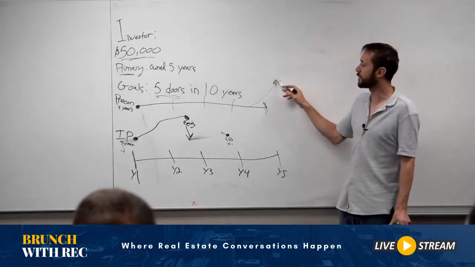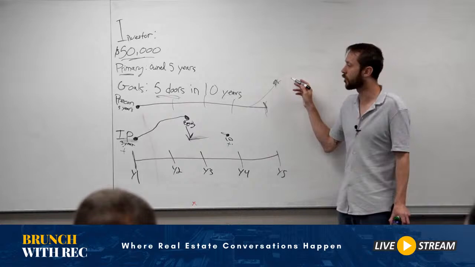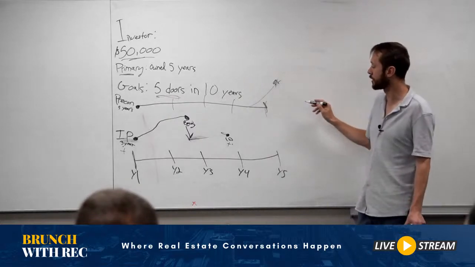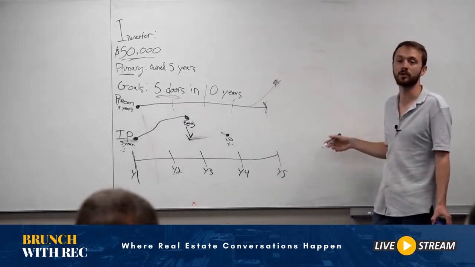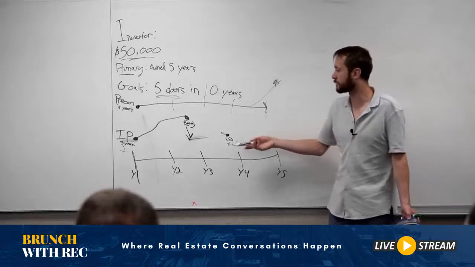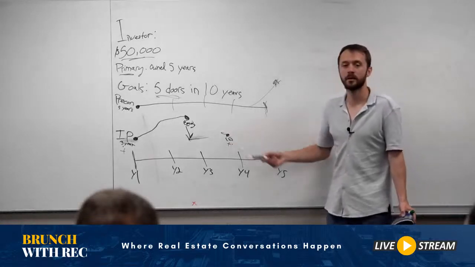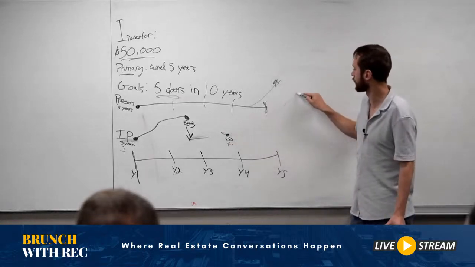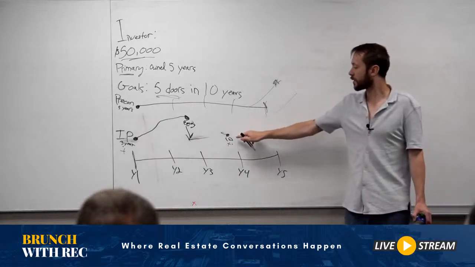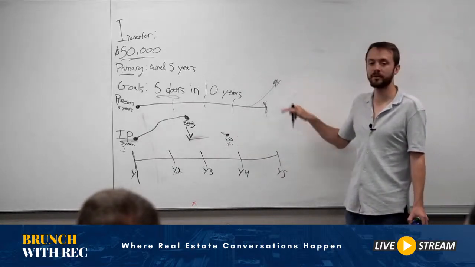And the best thing about it is all of the growth, let's say we get 4 here, and then by year 7, we get another opportunity by leveraging this income property here, right? And so that's now 5 doors in 7 years.